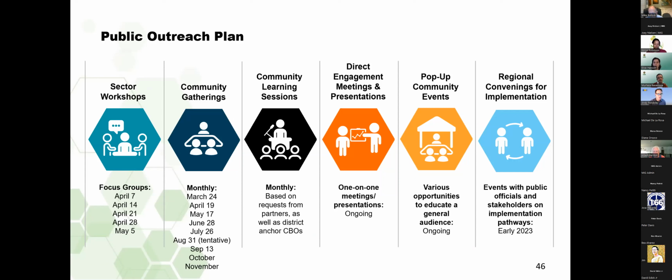And more community learning sessions, direct engagement, and pop-up community events will be occurring as requested, and you can reach out to the team through the Zero Carbon email, zerocarbon@sdcounty.ca.gov, as is also in the chat right now. And stay tuned, because this summer we'll be starting to pivot and look ahead to framing what may inform implementation.